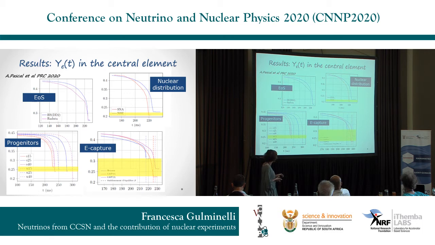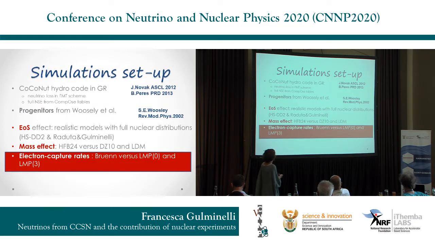But by far, what really is influencing the deleptonization dynamics is the electron capture rates. And so this is why I'm saying, and I'm not the only one, I think everybody agrees nowadays that the microscopic ingredient which is really important for this first phase of supernova evolution is the electron capture rates.